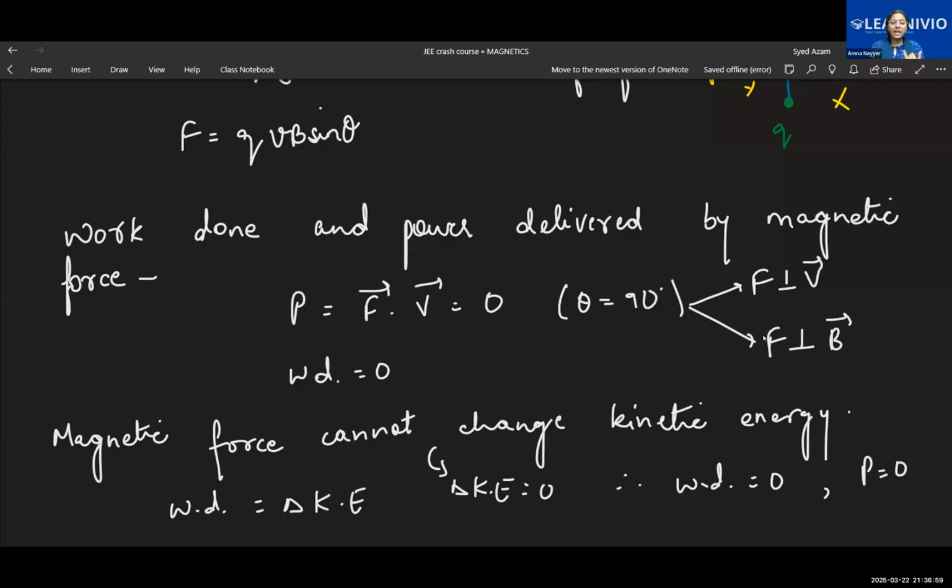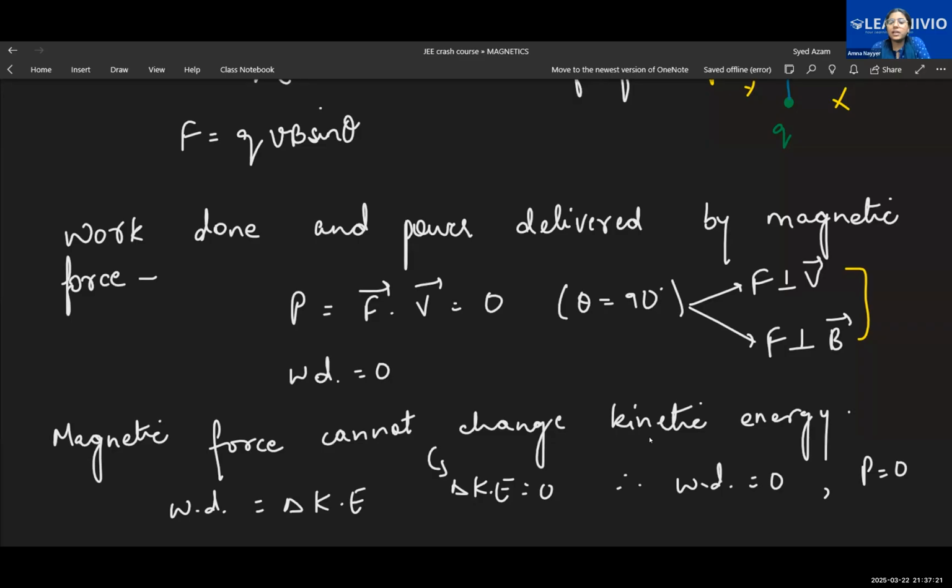Remember, the work done and the power delivered by magnetic force is 0. Work done will also be 0, and the power will also be 0. This conclusion is helpful. You will get numericals based on this conclusion.